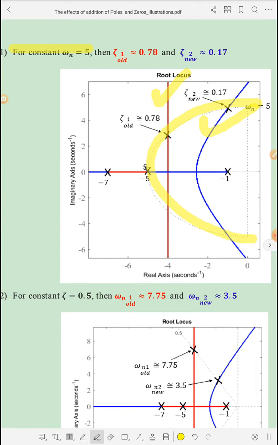This is the circle with radius omega n equal to 5. And the intersection of this circle with the old root locus and the new root locus will give us the old value of zeta and the new value of zeta.